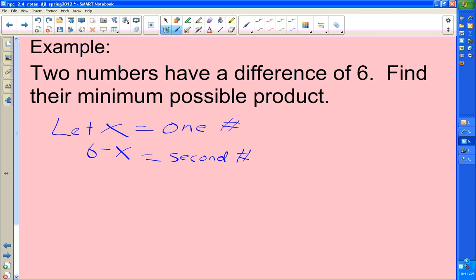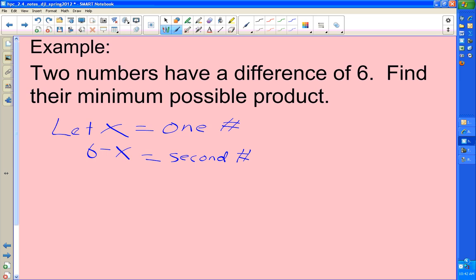What else? X minus 6. All of those will work for the second number. X is one of your numbers. X plus 6, x minus 6, or 6 minus x. Okay? So if we do 6 minus x, we want to say two numbers have a difference of 6.